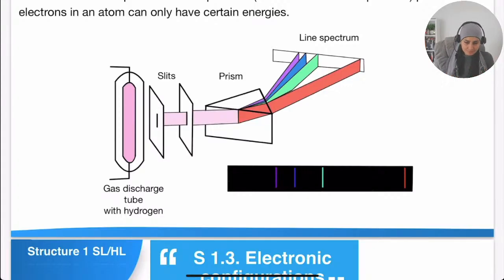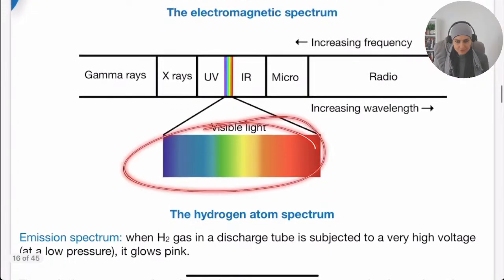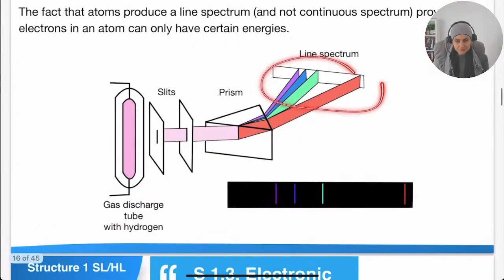But if you pass pink light that is emitted from hydrogen through the prism, you would not see a rainbow, you would see only certain colors. And this kind of spectrum is called a line spectrum, as opposed to the continuous rainbow. The rainbow would have been a continuous spectrum. This is a line spectrum.